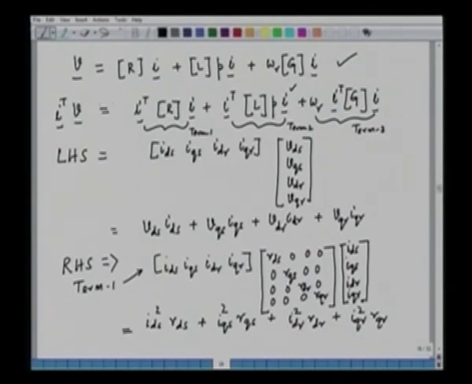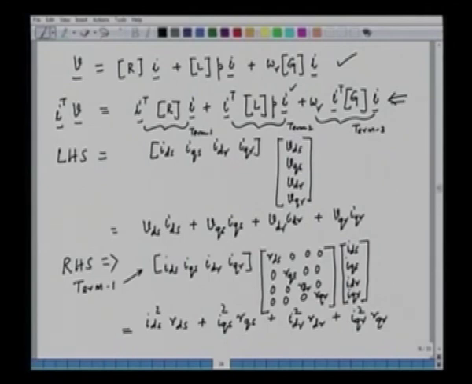Now, if we pre-multiply this equation with i transpose, what you obtain is i transpose R i plus i transpose L p i plus omega r i transpose G i.